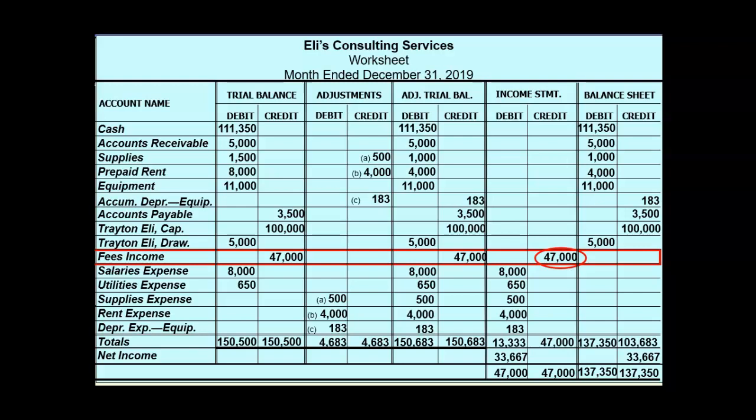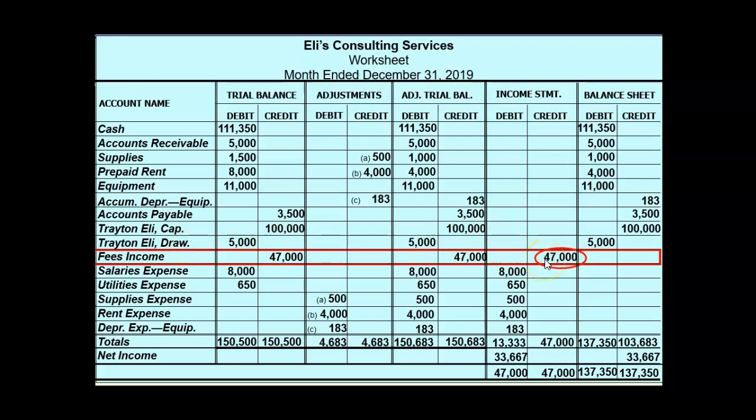Let's get to it. Here we have a worksheet for Eli's Consulting Services, and we're focused now on our revenue accounts because the first step of the process is to close out the revenue account. Fees income is our revenue account. It is showing a credit balance of $47,000.